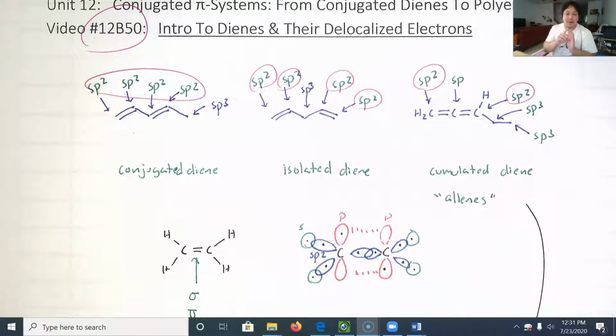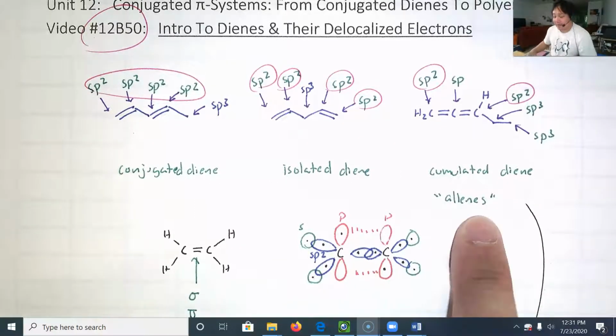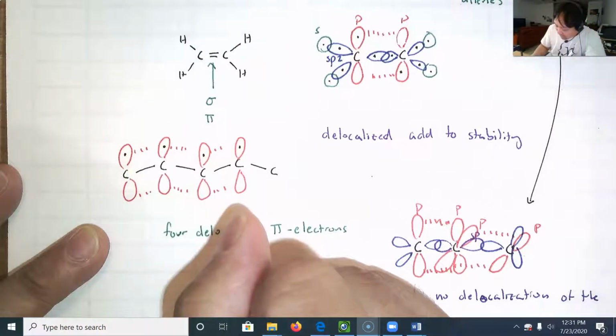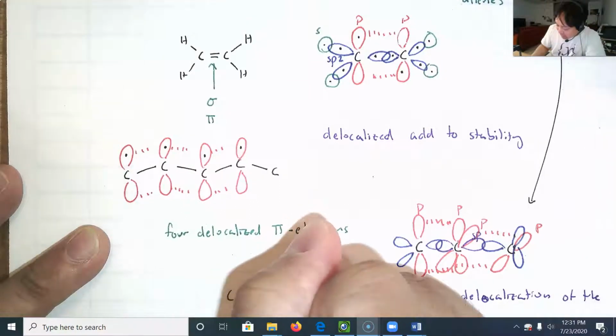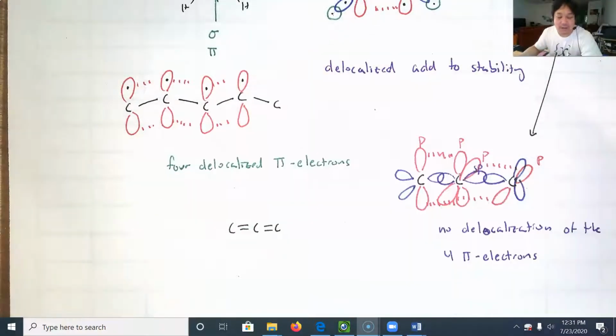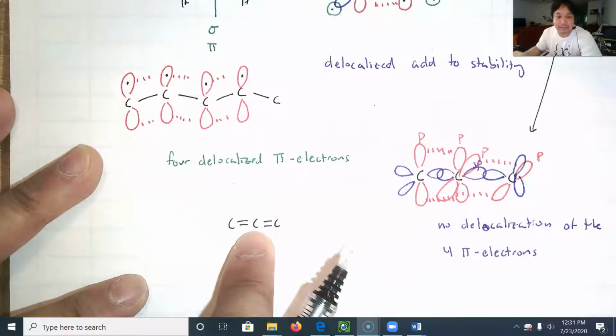And let me just draw one more picture though, and then we'll get off this cumulated diene or the allene part of this video. Let me draw you this. I think this picture may actually be even better. So those are your 3 carbons of an allene. It's a general class of molecules where you have the double bonds with a shared carbon between them.